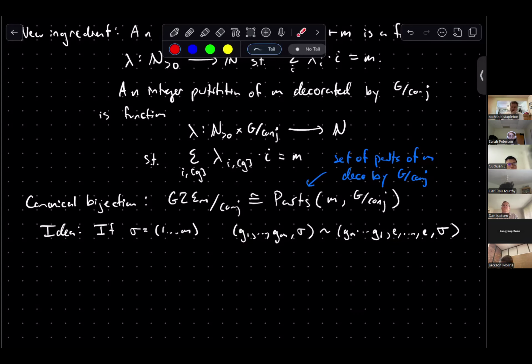And so what I've extracted is a number, which is m, and an element in G, which is gm to g1. That element is only well defined up to conjugacy, but that's why we get an integer partition decorated by conjugacy classes in G. So that's the idea of what's going on in this bijection.